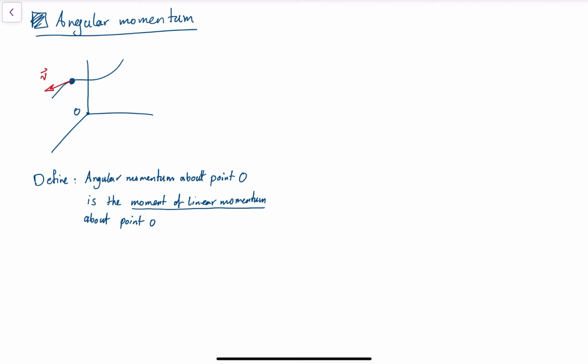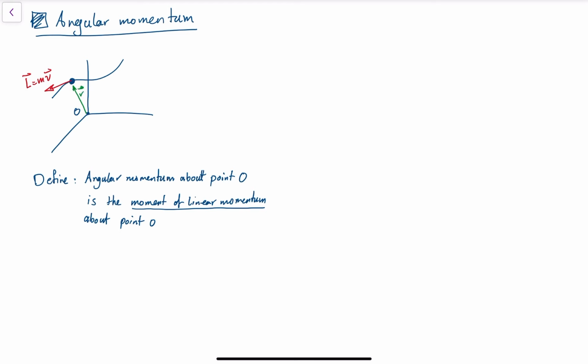It is exactly the same thing, because this object that has mass m and velocity v has linear momentum, that is this quantity, and because we are at a distance r from this point, the vector has a moment about point O, and that is what we call angular momentum.